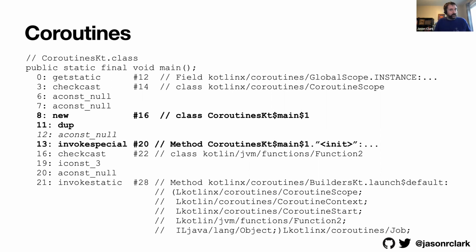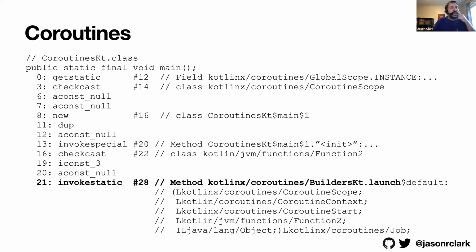We didn't construct an object ourselves directly, but there's this, oh, I actually had it backwards. The $main class is the synthesized one that shows up. So it's creating an instance of this other class that it generated alongside for us. We see it do the new, do a dup, do the invokespecial to go run the constructor for it.